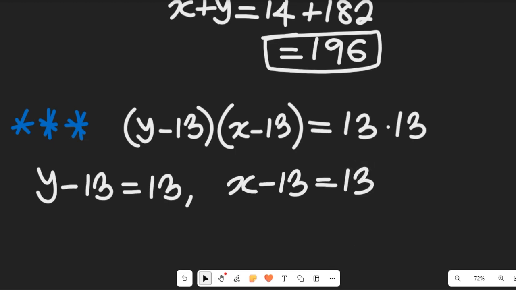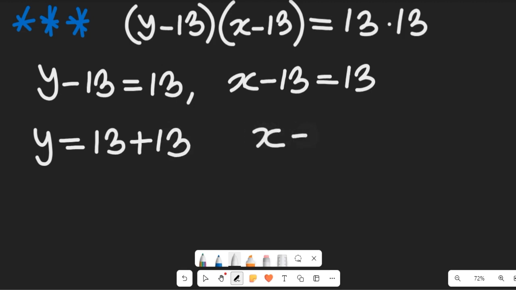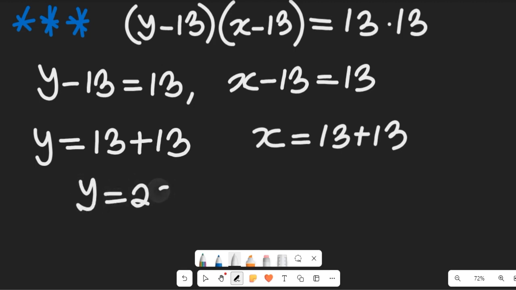So y will be equal to 13 plus 13, and then x will be equal to 13 plus 13, right? So over here our y will be equal to 26, and then our x will be equal to 26.